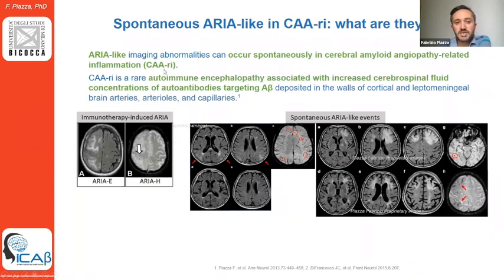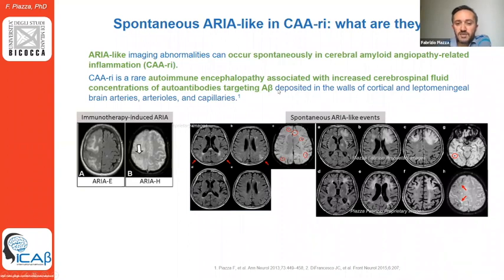The acronym is CAA-ri. CAA-ri is a rare autoimmune encephalopathy which is associated with an increased cerebrospinal fluid concentration of spontaneous anti-A-beta autoantibodies.